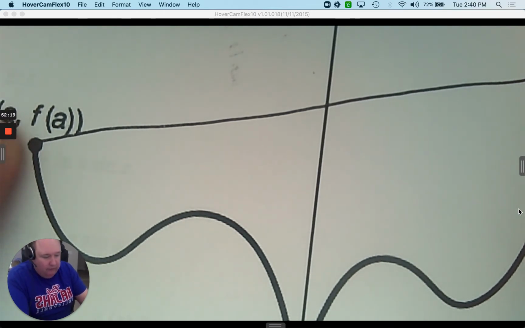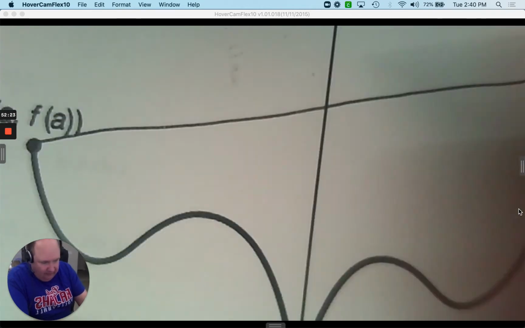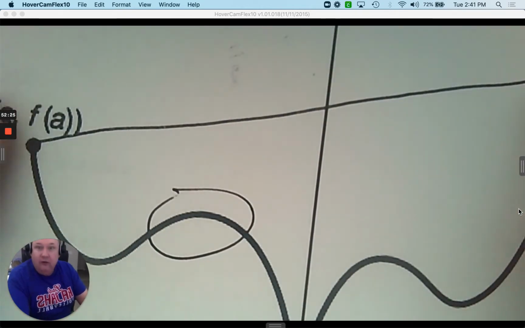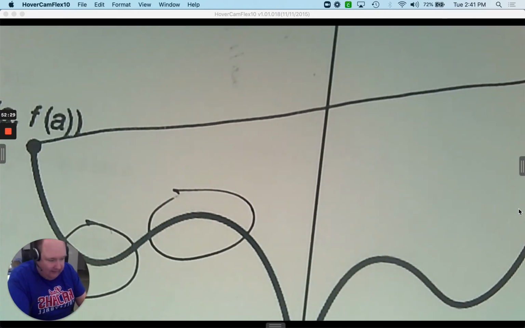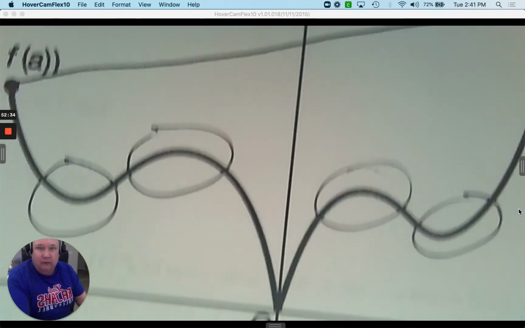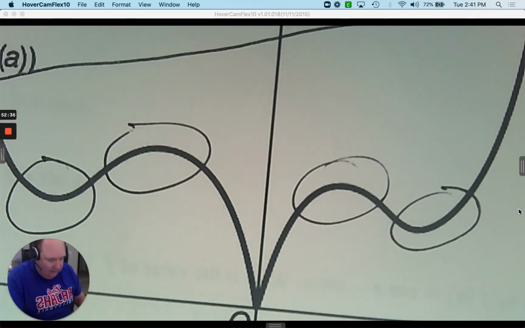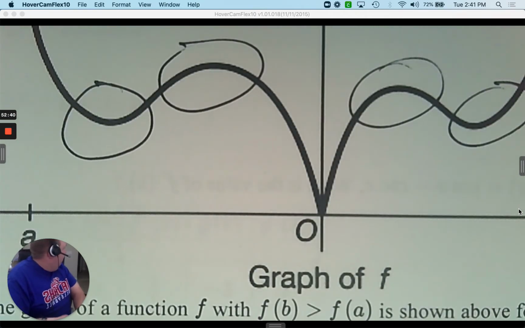So if we move along, where else could you get a tangent line that has the same direction? So right here could give me a tangent line with that. This right here could also give me a tangent line like that. This and this. I see 4 different places where that tangent line could match. So 34, the answer is D.